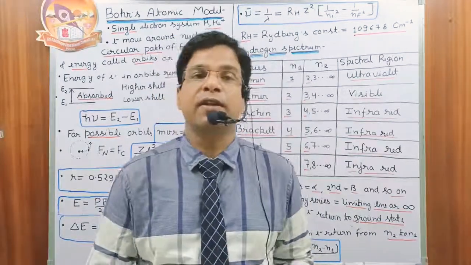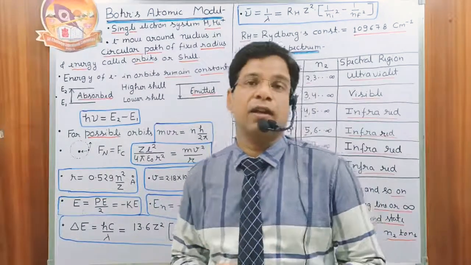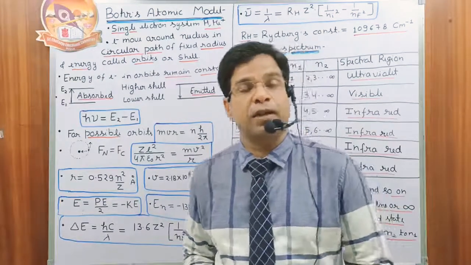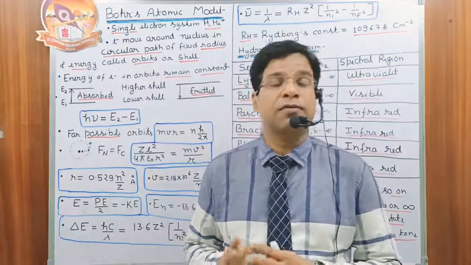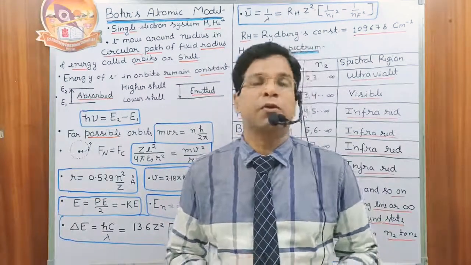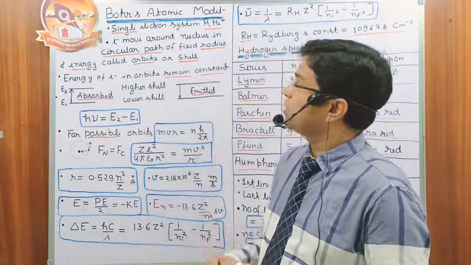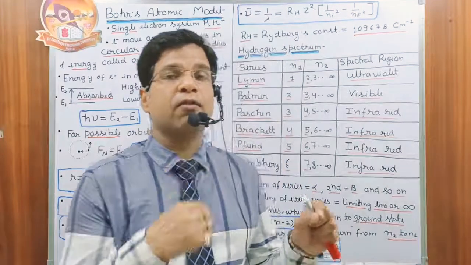We have certain assumptions, like this model is valid for the single electron system like hydrogen atom, He plus ion, lithium plus 2 ion. For the single electron system we can apply the Bohr's atomic model. According to this model, electron is revolving around the nucleus in a well-defined circular path.